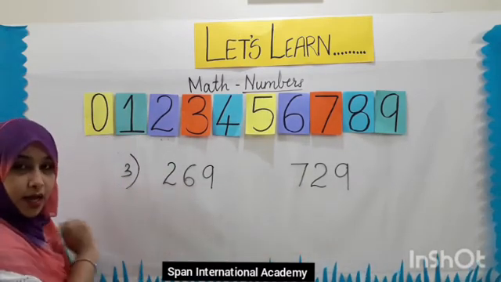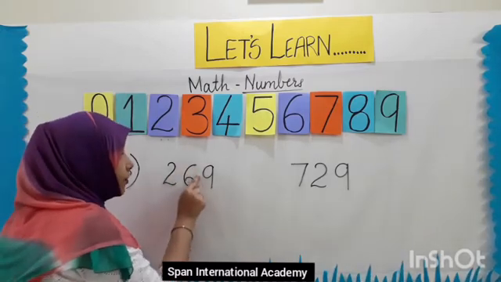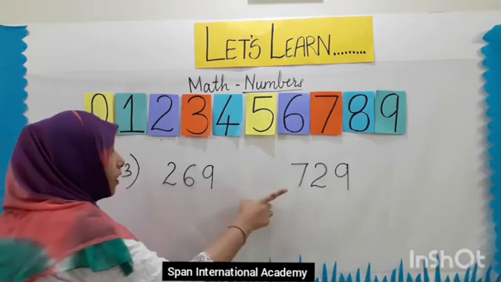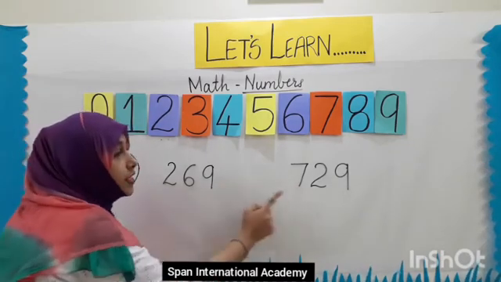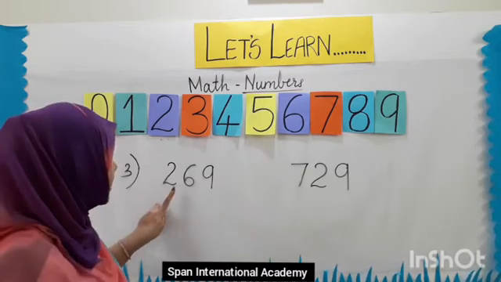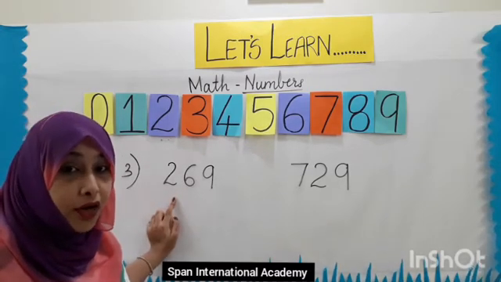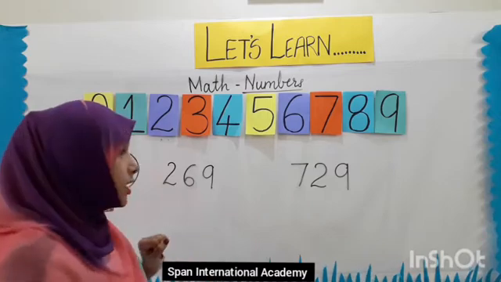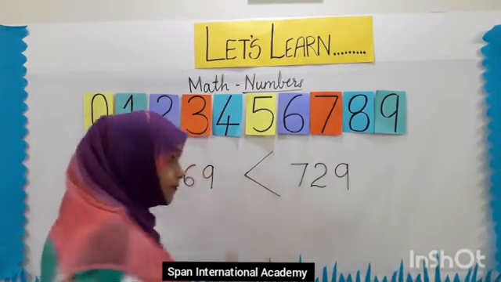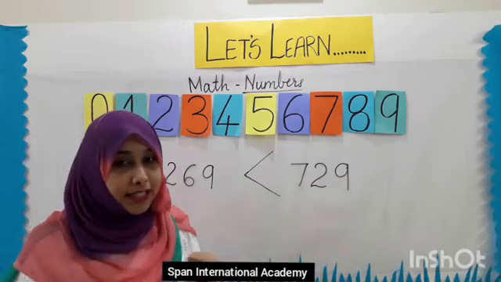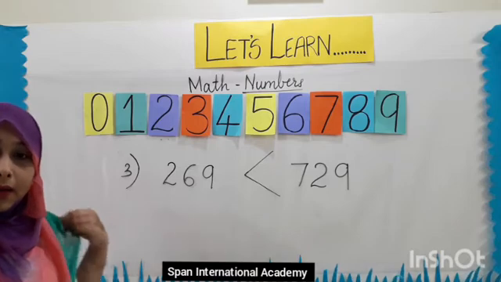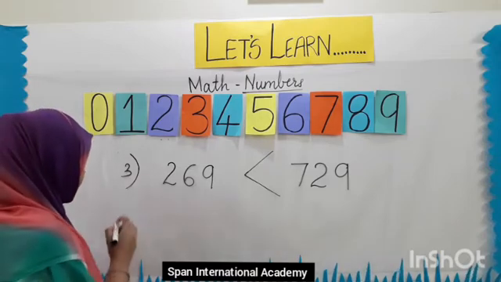Which number is big? Yes, this number is bigger than number 2. Okay, let's come to our hundreds place now. Which number is big? Yes, it is number 7. So, the mouth opens here. 729. Okay, students? Now, let's see the fourth example.